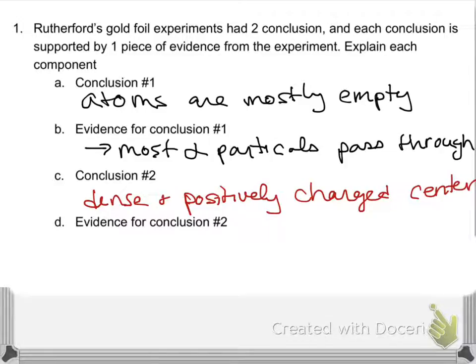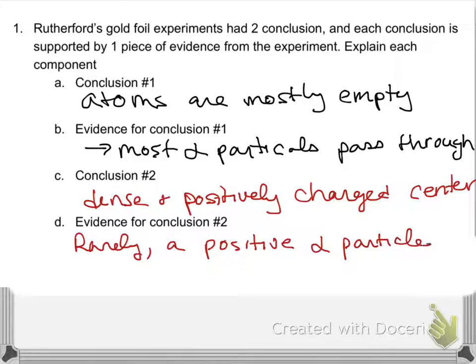But the reason he thought that was true is that occasionally, or very rarely, a positive alpha particle was deflected or reflected. Those are the ones that bounced all the way back towards the source. So we have evidence and conclusion to support each point here.